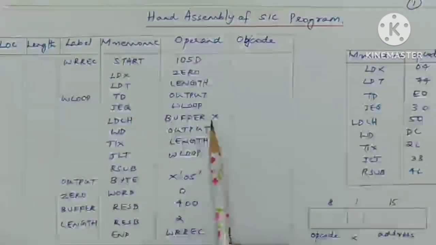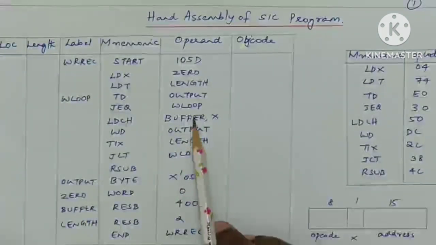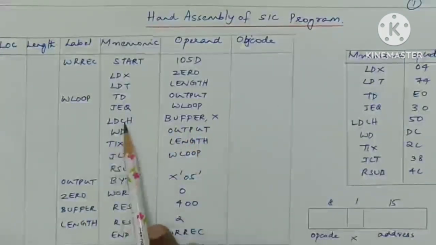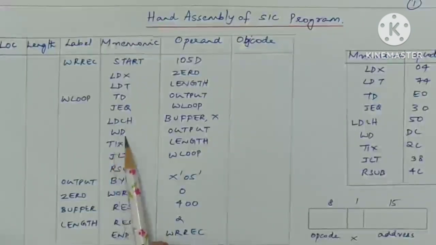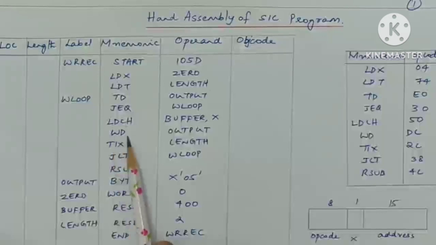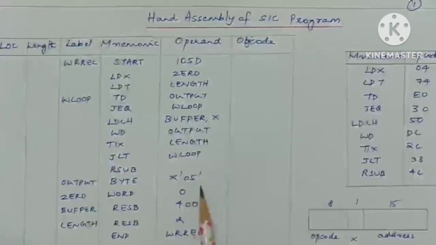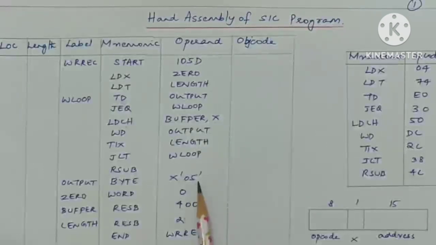Whatever character is there in buffer of 0 is read and stored into the accumulator, and then it is written by WD, write to device. It is written to the output device, which points to the number 05.